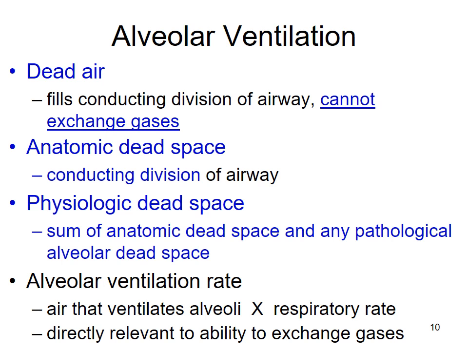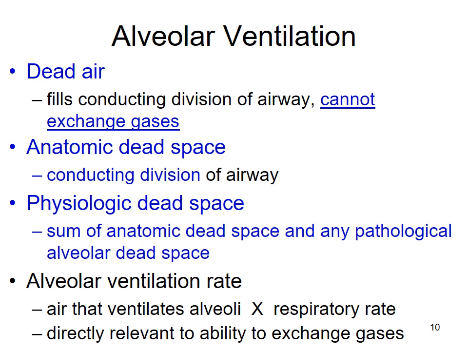As the air is traveling, it is considered dead air because your body is not able to actively remove the oxygen out of it and put carbon dioxide inside of it. So dead air is an anatomic dead space. It is within the conducting division of airway pattern. It's on the way to the lungs, but it hasn't arrived there.